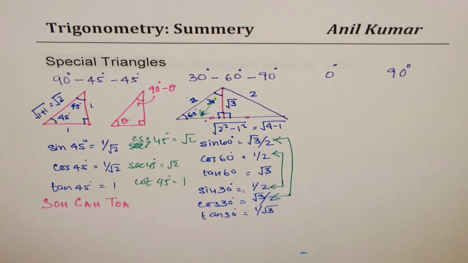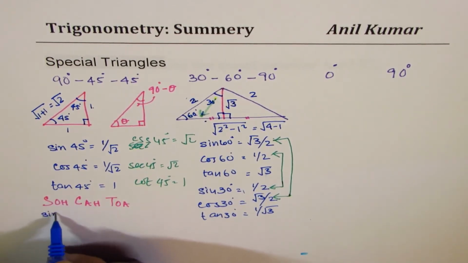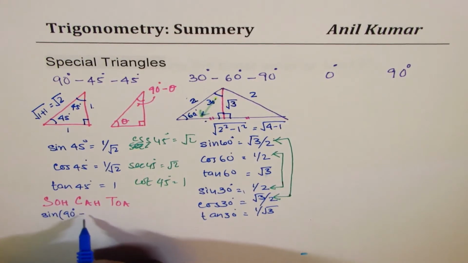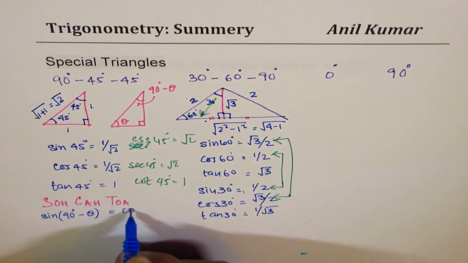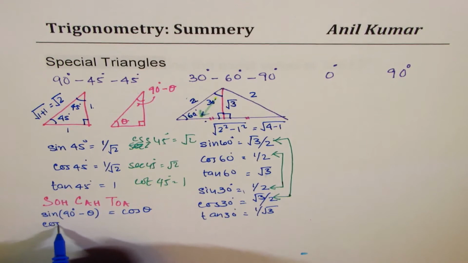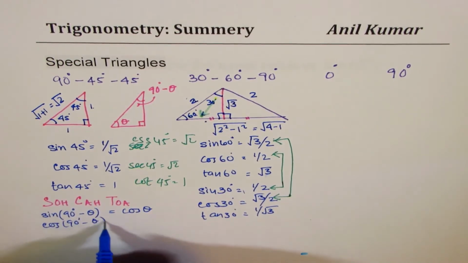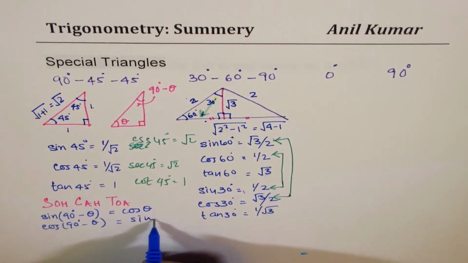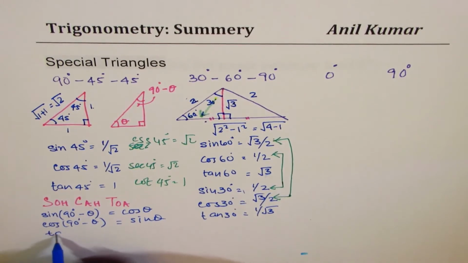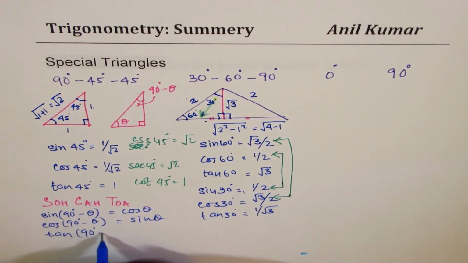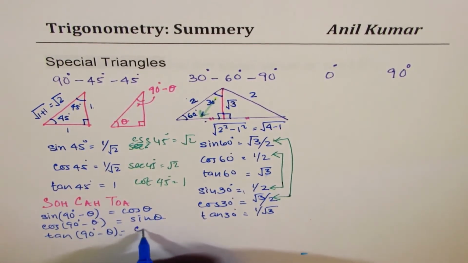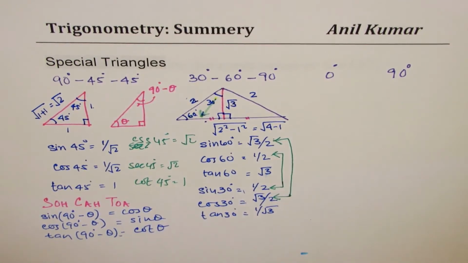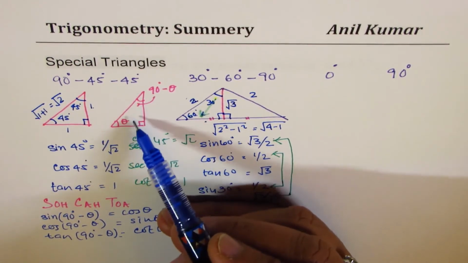That is the reason why, let me write down here, sine of 90 degrees minus theta is equal to cos theta. Cos of 90 degrees minus theta is sine theta, and tan of 90 degrees minus theta should be equal to cotangent theta. Okay, because a triangle kind of flips if you see from the other side.